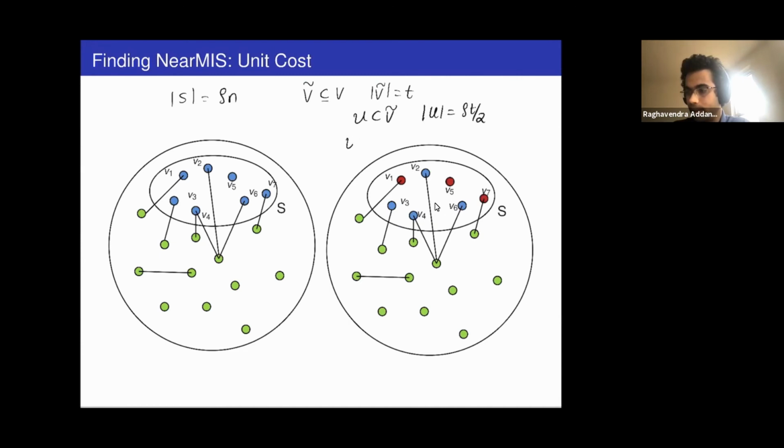So the final goal is to obtain a set U which is fully contained in S. So essentially, we're looking for a small subset of S. And once we have this subset, we'll expand it into S. So we sample it, we look at subsets of this sample, and in one of the subsets, we'll hit a proper subset of S. Once we hit this proper subset, in this example, V1, V5, and V7, we'll expand it into S and recover all the nodes of S. That's the intuition.